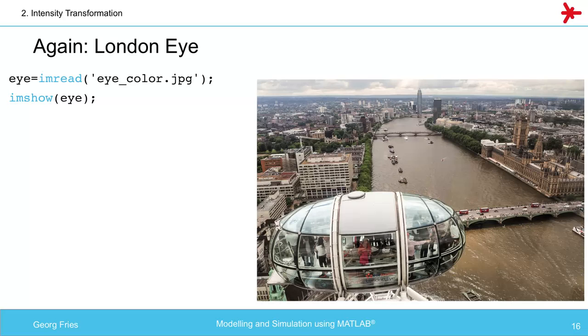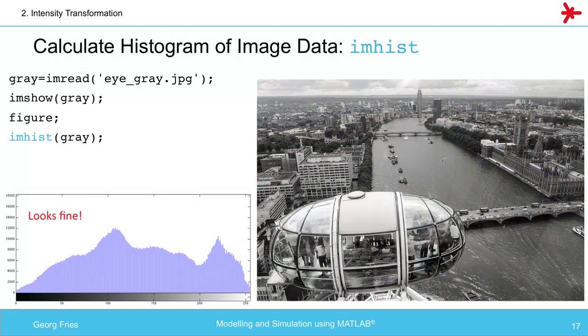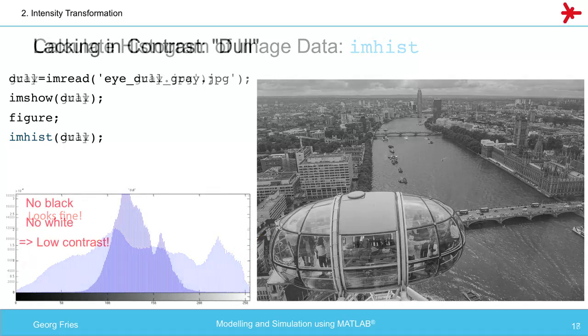I converted the image to grayscale and calculated the histogram using ImHist. The histogram looks fine. The intensity values are spread over the entire intensity scale. Further, there is no concentration of pixels, neither in the dark end nor in the bright end of the grayscale.